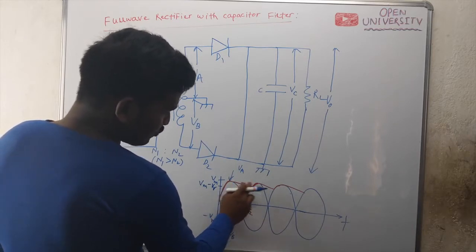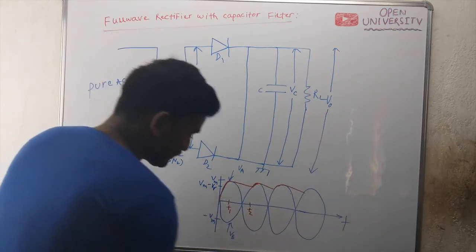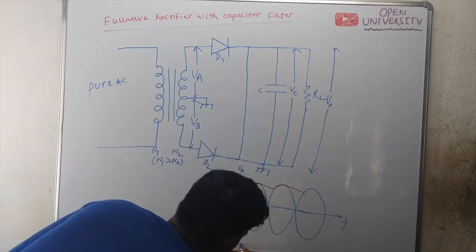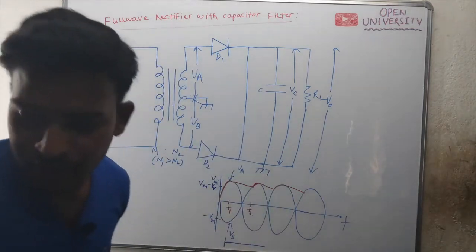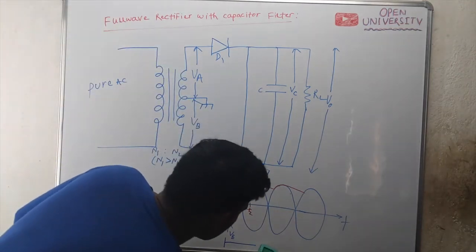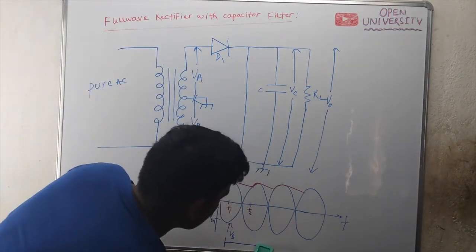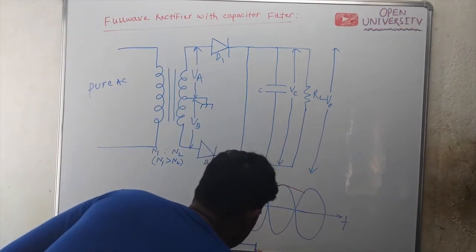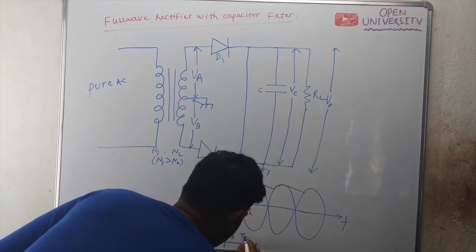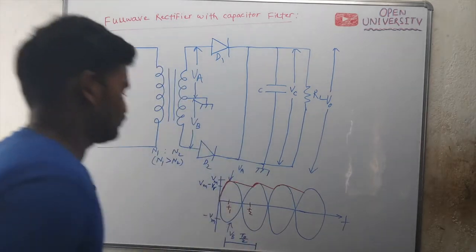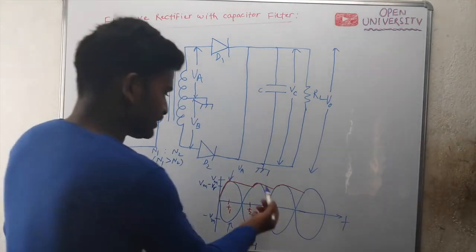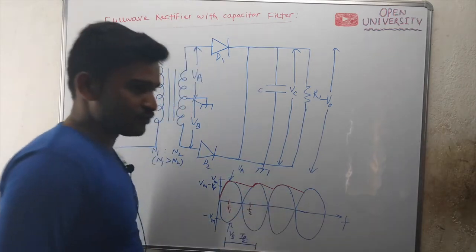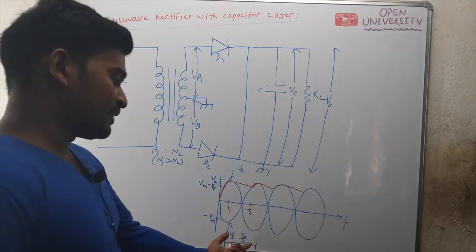Then from this to this, it will be half the time period, T naught by 2.